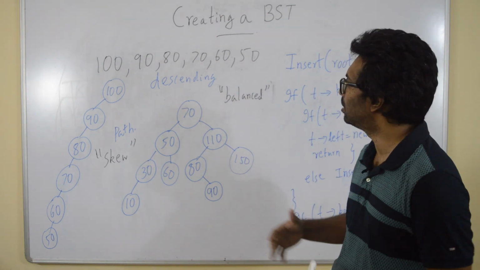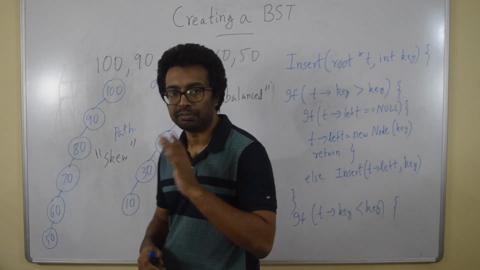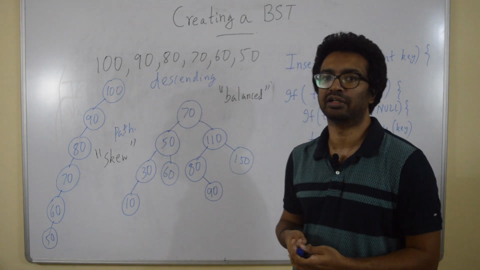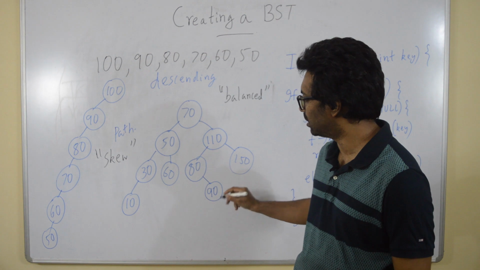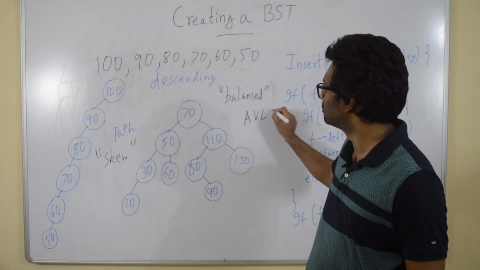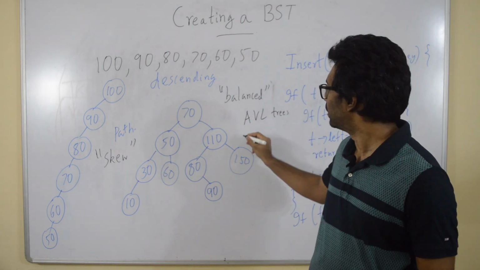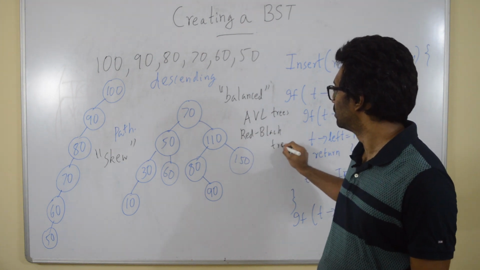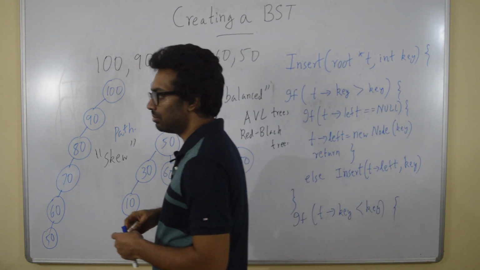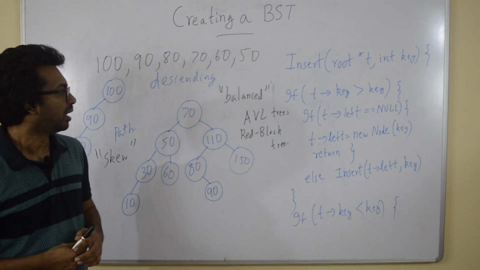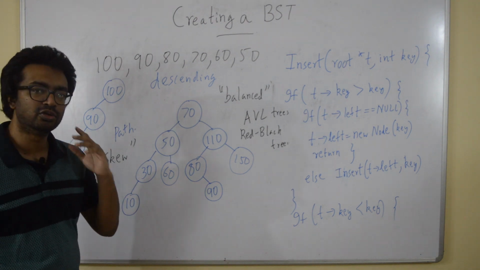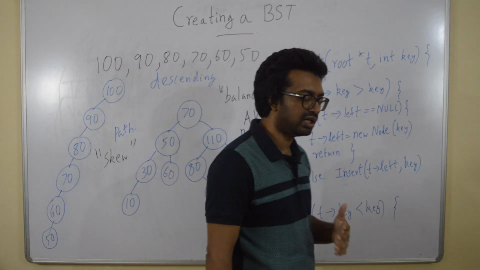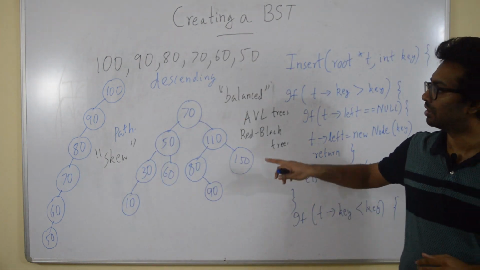There are multiple binary search trees which create balanced binary trees, and a few examples are AVL trees and red black trees. In those trees, it's not an insert like this. It involves certain other procedures to ensure that the tree gets balanced.